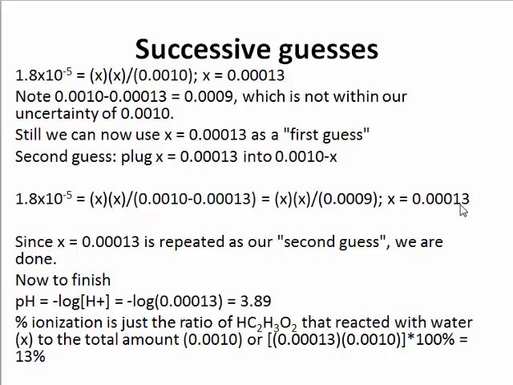Even if we keep X to two significant figures, 0.00013 is a good guess. It repeats, which means we could treat this as our value of X.